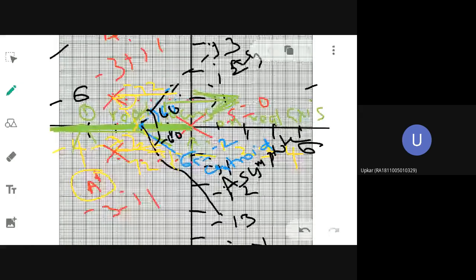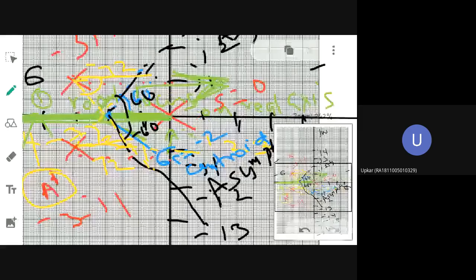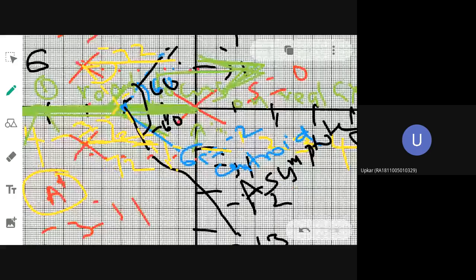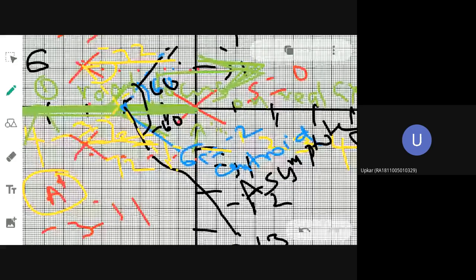Like this you have to mark the angle of departure. All the things you have to do in the same graph only, there is no other go.